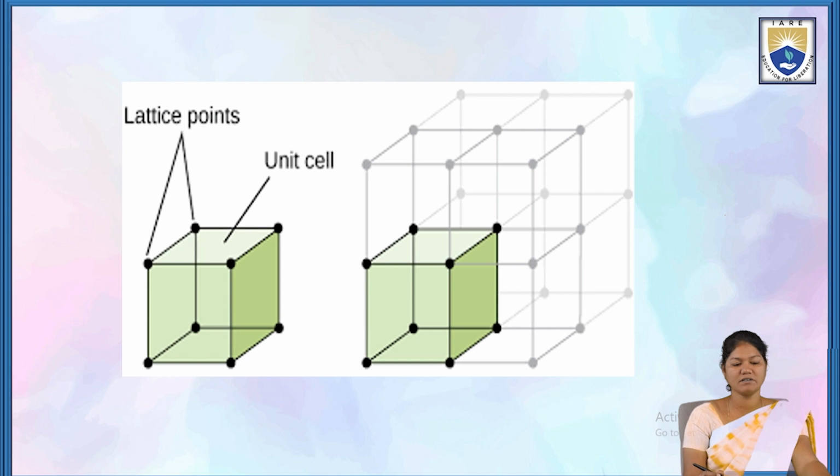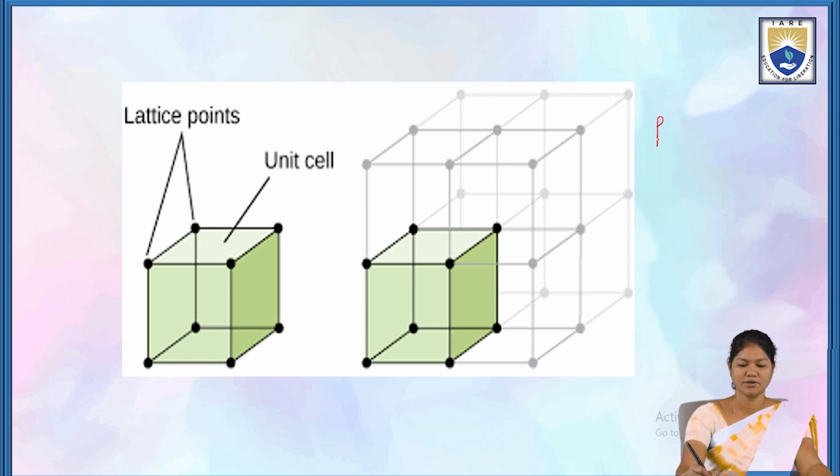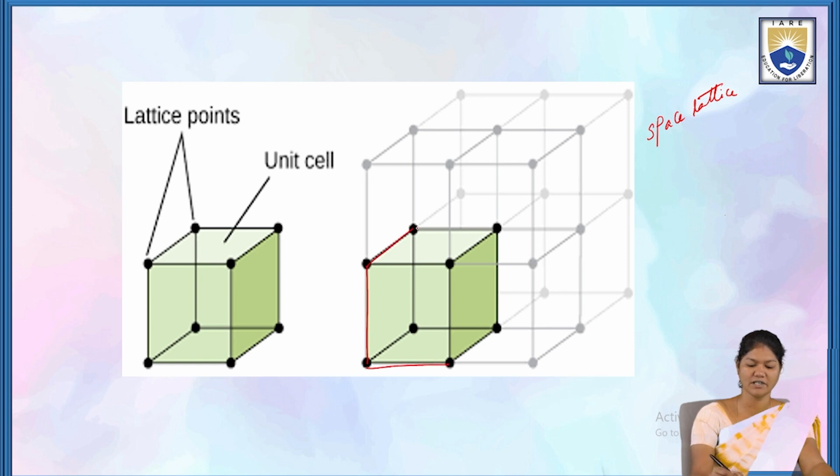Here we can see 3D in space. This is a space lattice. In the space lattice, the smallest part of this solid is this.